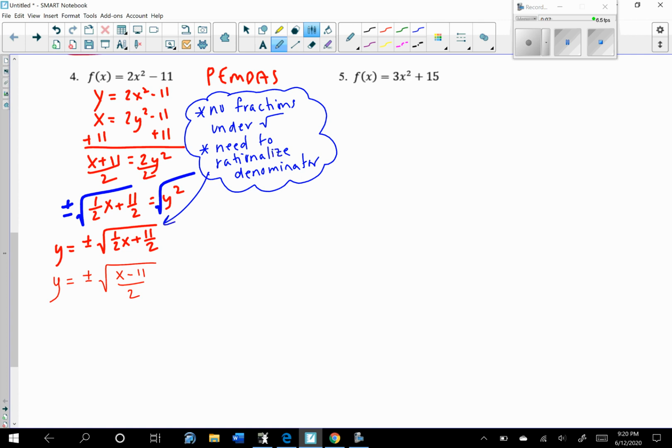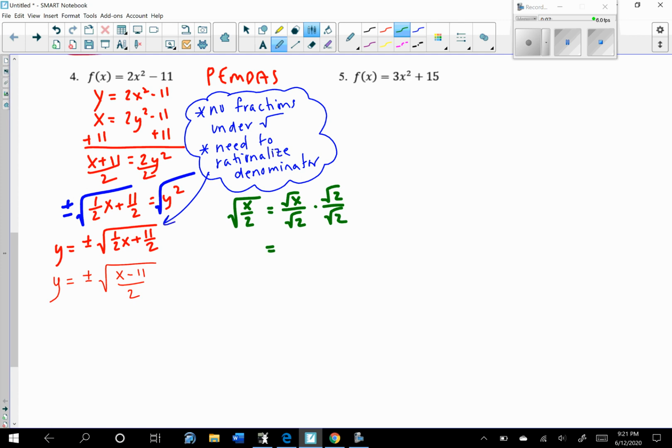So let's go back a minute. If I wanted to rationalize the denominator of something, recall that if I just had the square root of x over 2, this is the same thing as the square root of x over the square root of 2. And again, we don't like radicals in the denominator, so in order to rationalize this, I'd have to multiply by root 2 over root 2. Why is that? Because that makes underneath the radical a group of two 2's so that we can get rid of that.